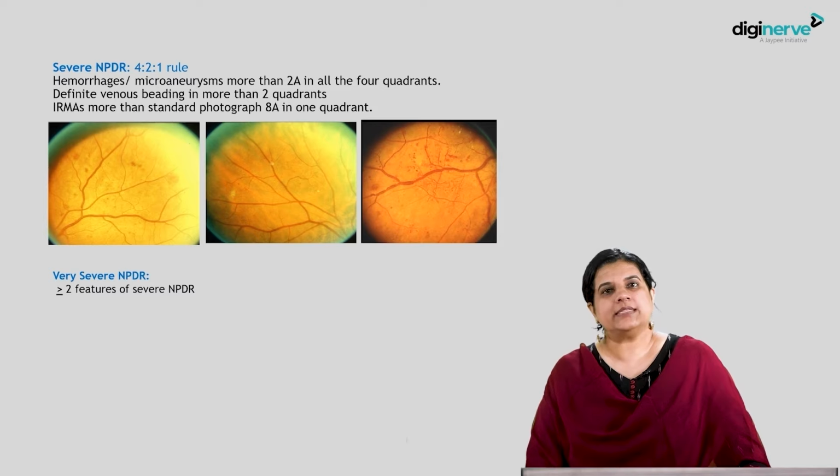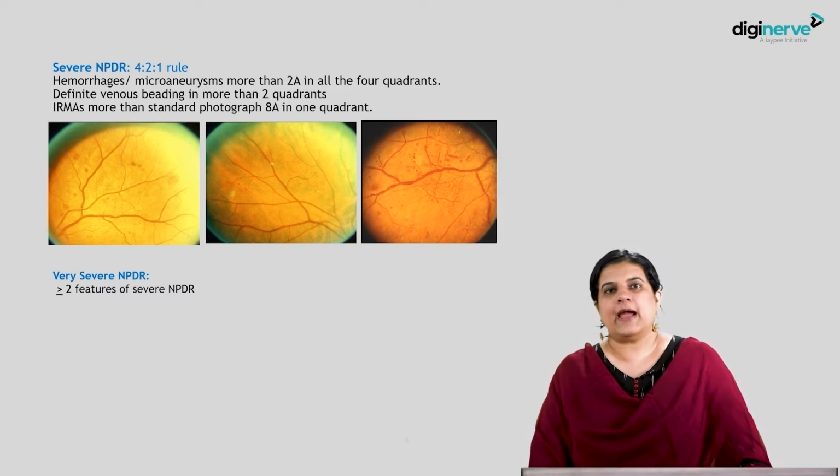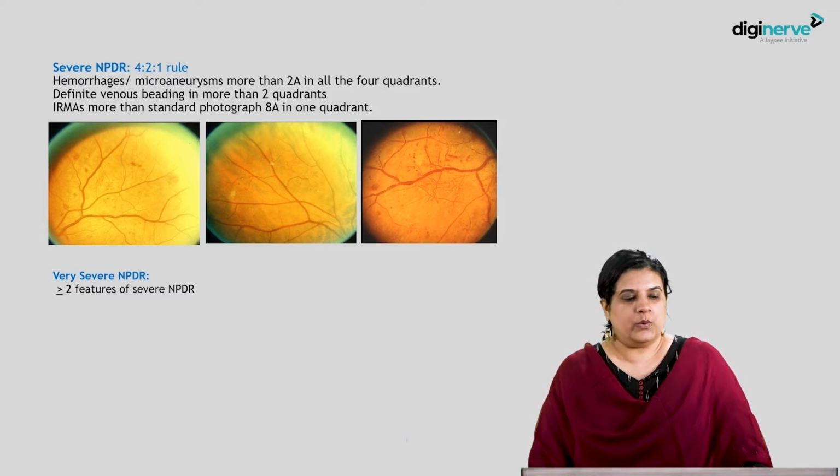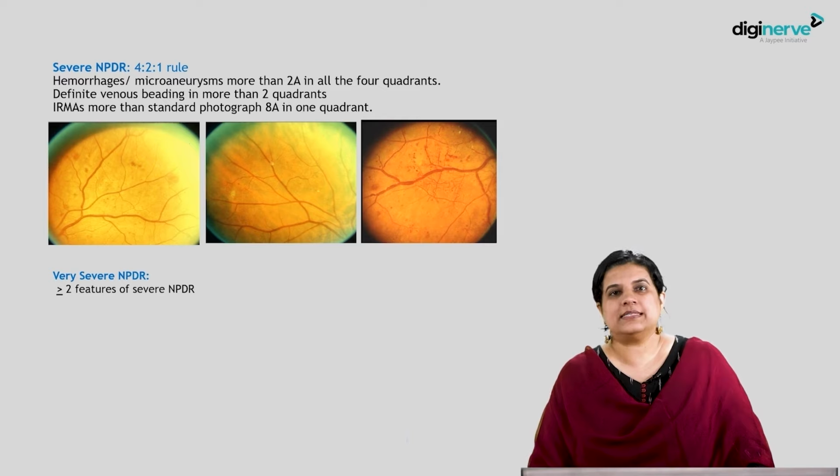You can get a separate short note on non-proliferative diabetic retinopathy and a separate one on proliferative diabetic retinopathy. So in severe NPDR, we will have hemorrhages or microaneurysms more than that would be seen in the standard 2A image. Now, the ETDRS study had a standard set of images in which they had captured these findings.